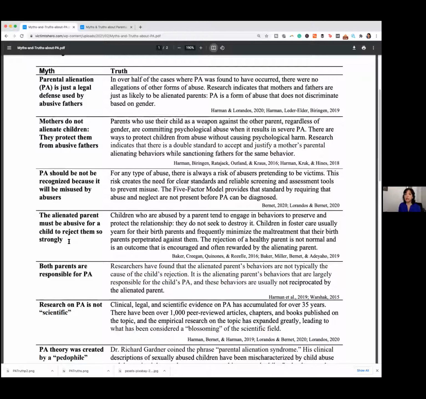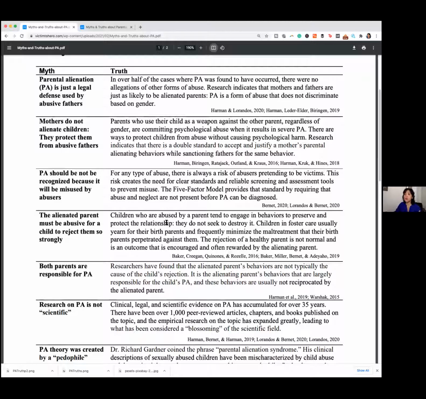To the public, this is counterintuitive and misunderstood. When people look at a child rejecting a parent, they immediately assume that parent is abusive, or not fit, not available, not loving, or neglecting in some way. But that is such a misinformation.